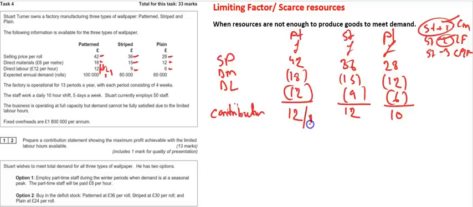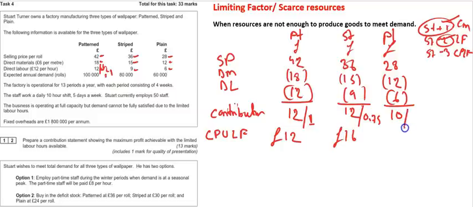Divided by 1, contribution per unit of limiting factor is 12 pounds. You did the same thing over here, divided by 0.75, and 12 divided by 0.75, you get 16.